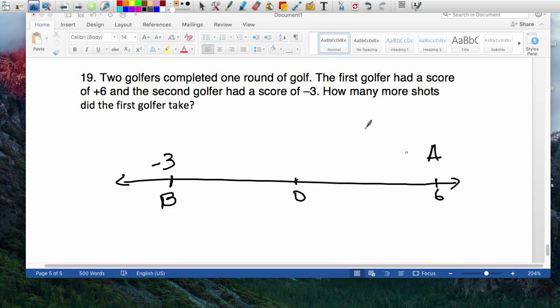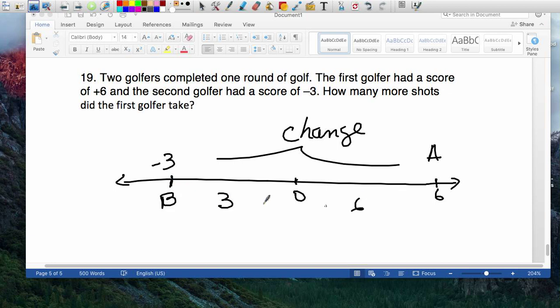So we want to find the change here, right? Again, very easily you can find the distance. From -3 to 0 is 3, from 0 to 6 is 6, so 3 plus 6 is 9, right? So golfer A took 9 more shots. And again, if you don't want the visual, you can go straight to the equation: the change is your final minus the start.